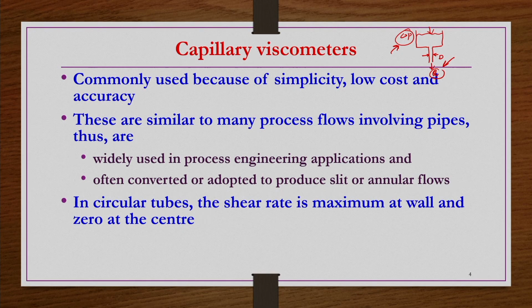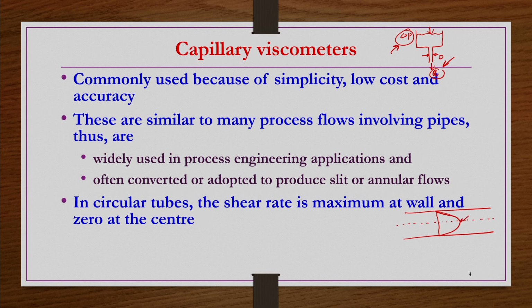In circular tubes, the shear rate is maximum at the wall and 0 at the center. Let us see what we understand from our previous transport phenomena course that we studied in our UG courses: if a fluid is flowing through a circular tube, under fully developed flow conditions the velocity profile is parabolic, like this, for the Newtonian case, for example, right.